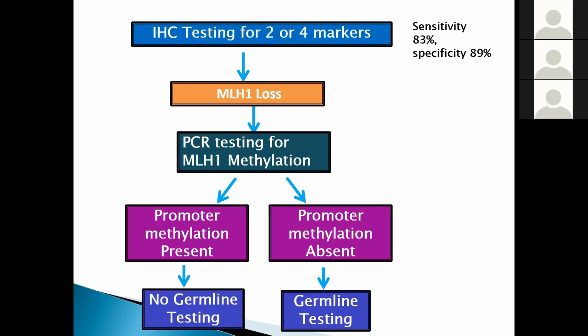And then on the second round, if MLH1 is lost, then we order hypermethylation testing. It's a send out. It's in COPAD. And then based on that, the decision is whether it's sporadic or germline testing is needed. That's up to the clinician. So our job kind of ends here. We report the hypermethylation test results, and then the clinician decides whether germline testing is needed or not.